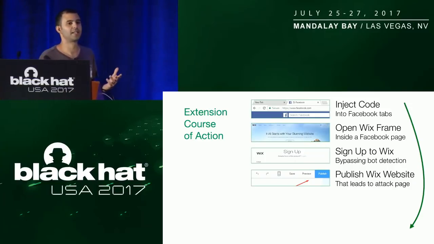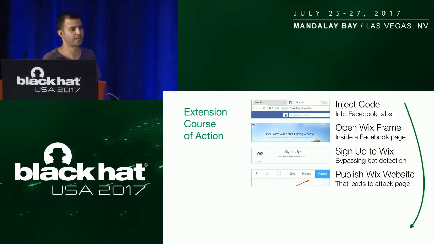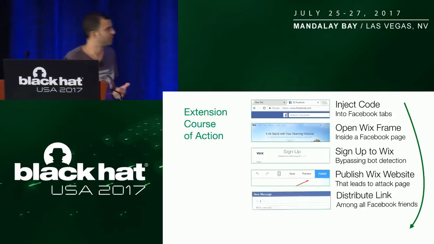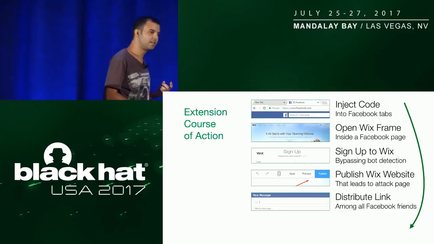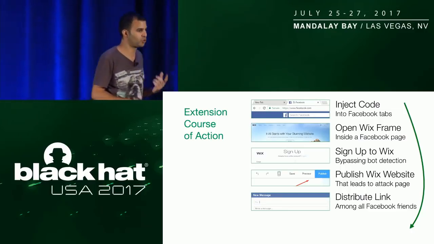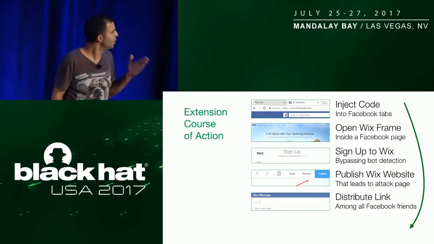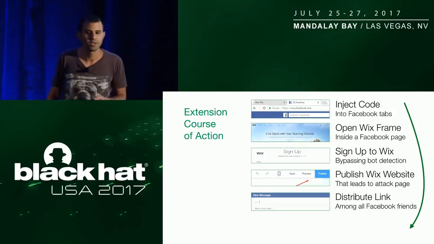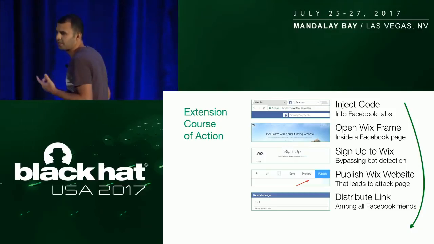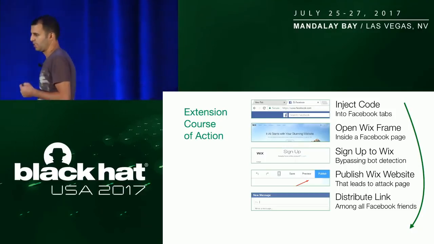This website has a newly created URL. And the extension then takes this URL, the attack page URL of the Wix website, and distributes the link among all Facebook friends of the victim using Facebook messaging.